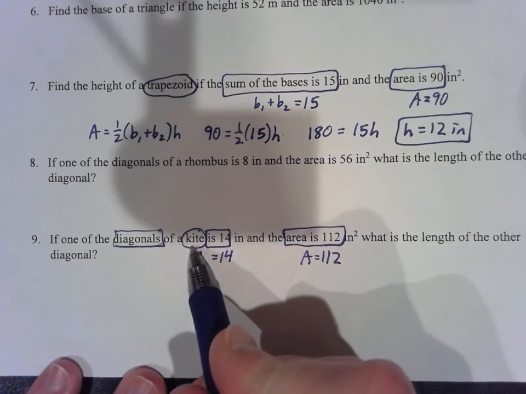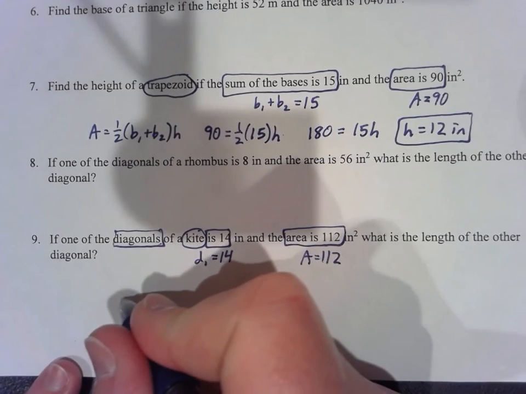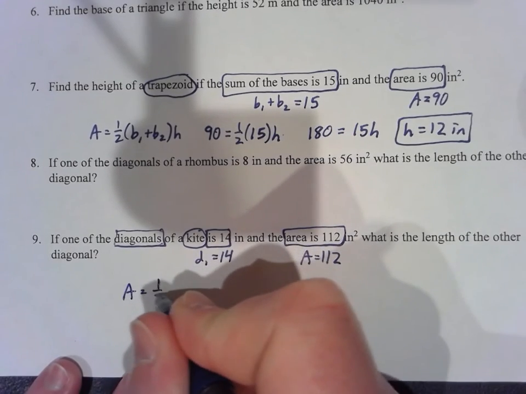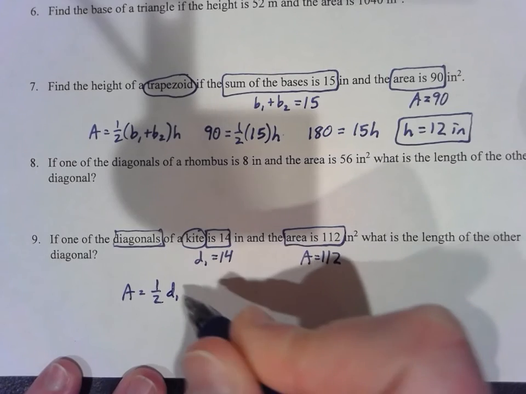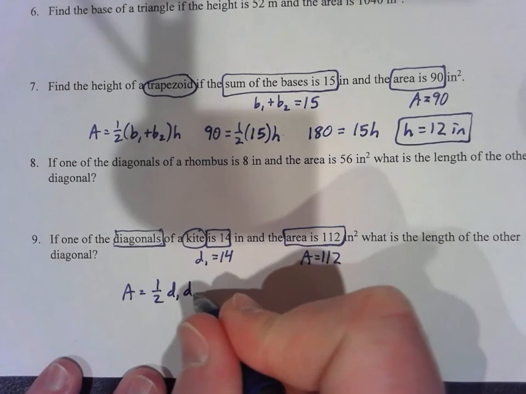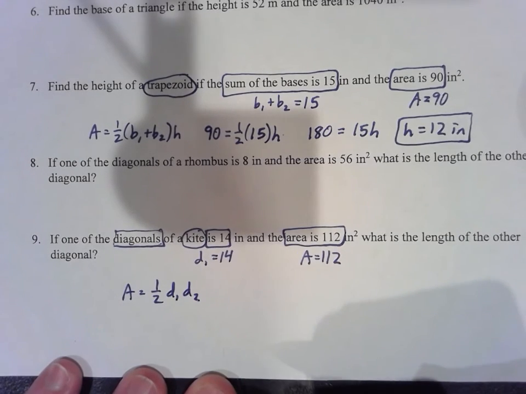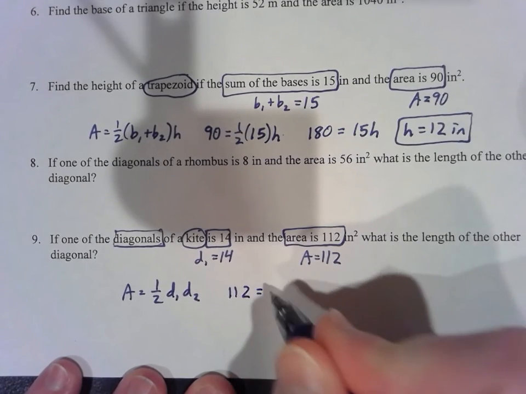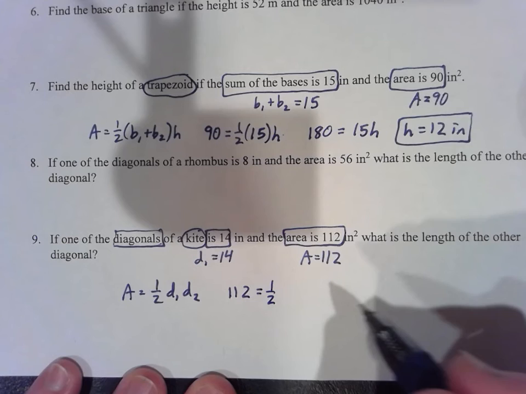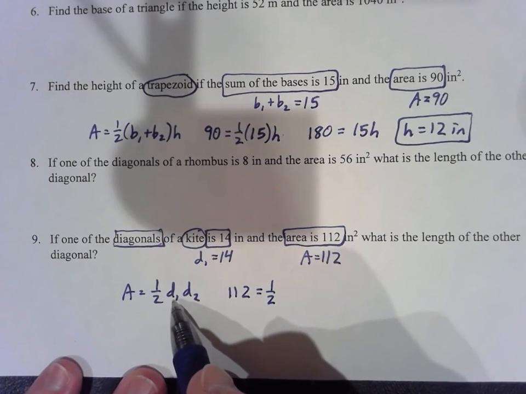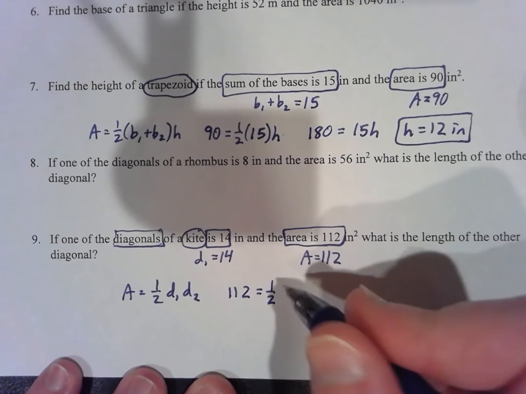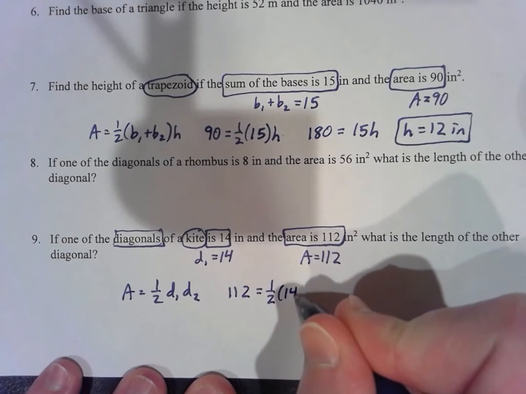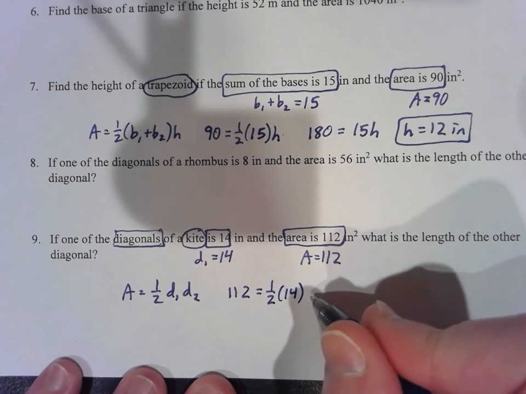So, in a kite, the area formula is 1/2 times diagonal 1 times diagonal 2. I know the area is 112. 1/2, diagonal 1, or one of the diagonals, is 14. Doesn't really matter which one. One of them is 14.